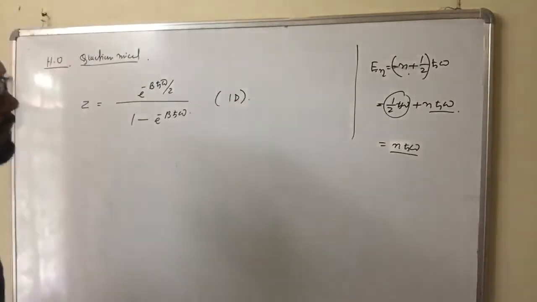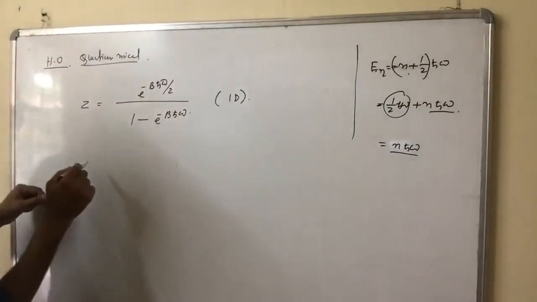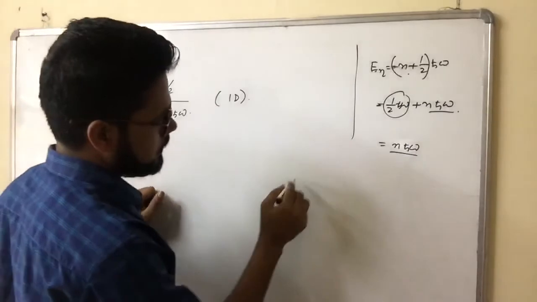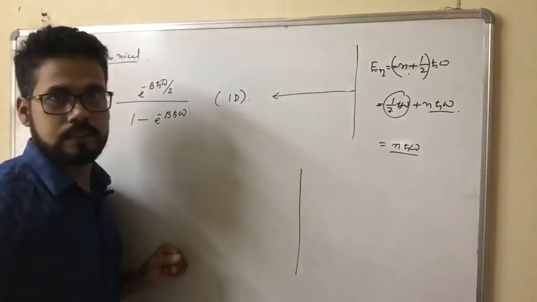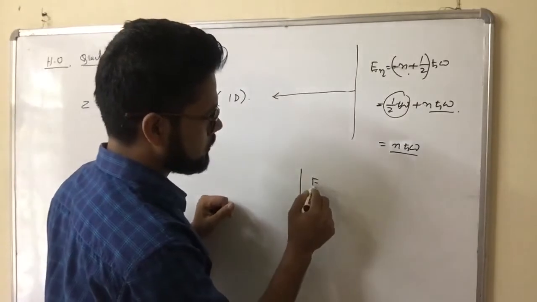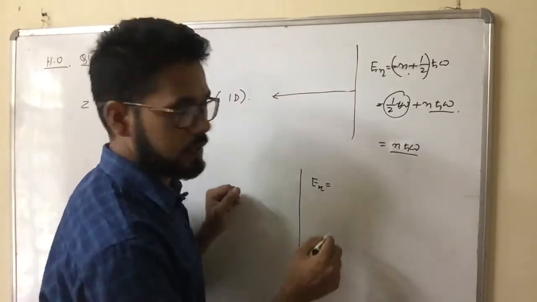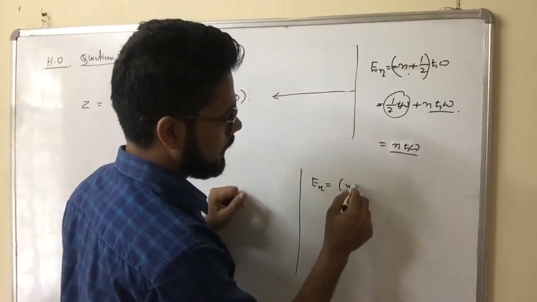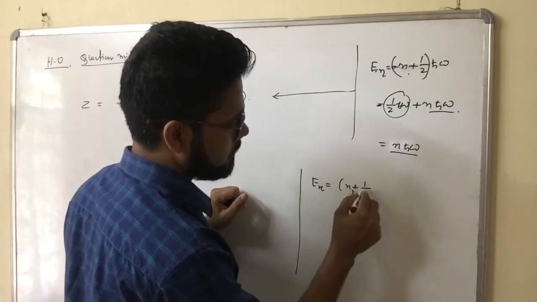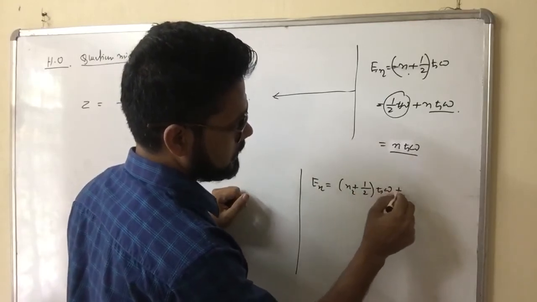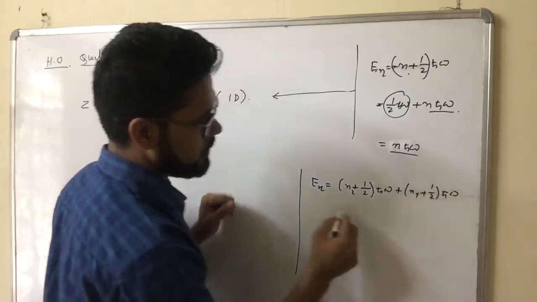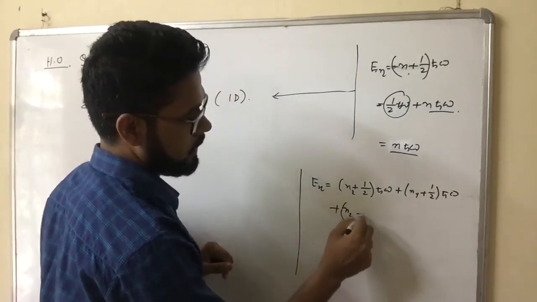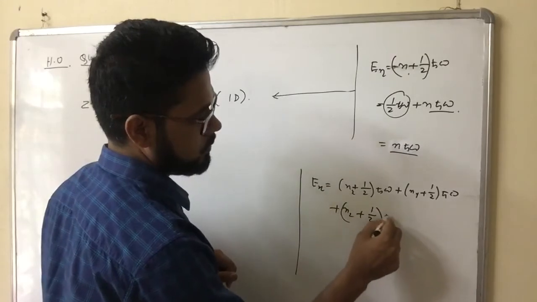I have already given you this for the one-dimensional case. Suppose the energy of the harmonic oscillator is three-dimensional, meaning (nx plus half) h cos omega plus (ny plus half) h cos omega plus (nz plus half) h cos omega.